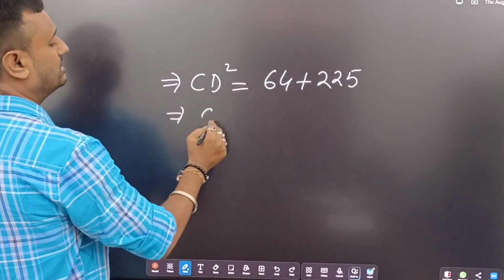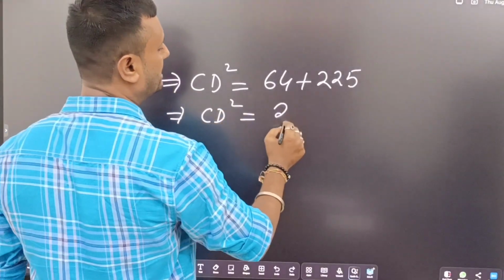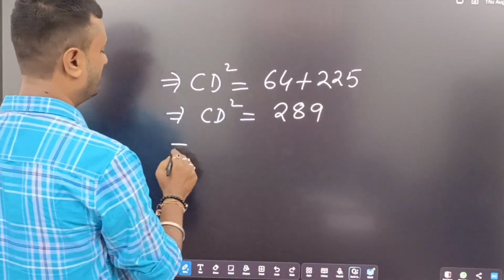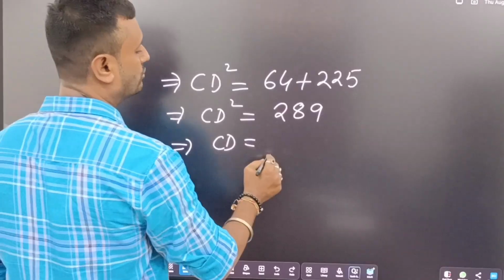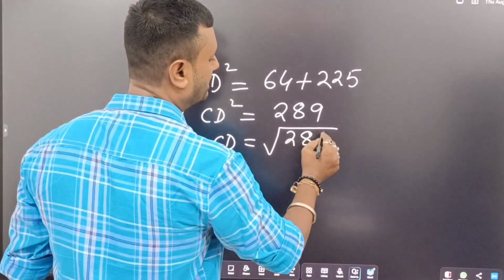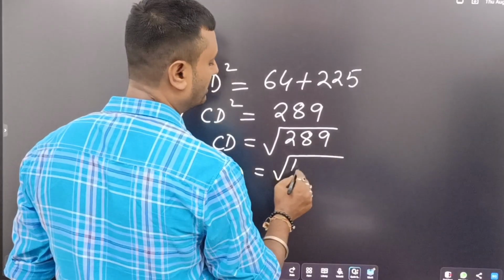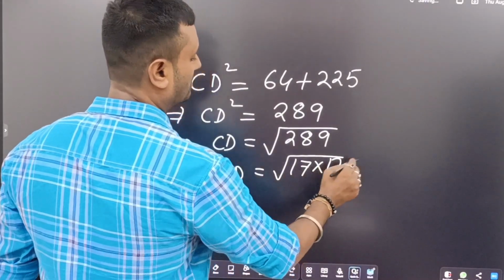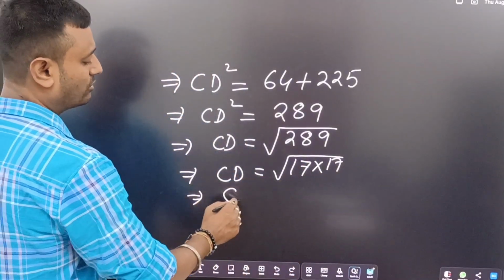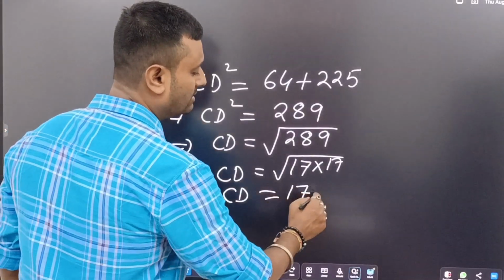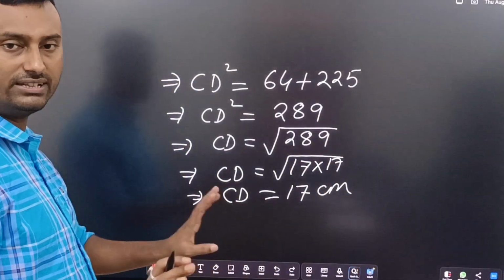If you add them, CD square equal to 289. If you take the square root, CD equal to the square root of 289, which is 17. So CD equal to 17 centimeter.